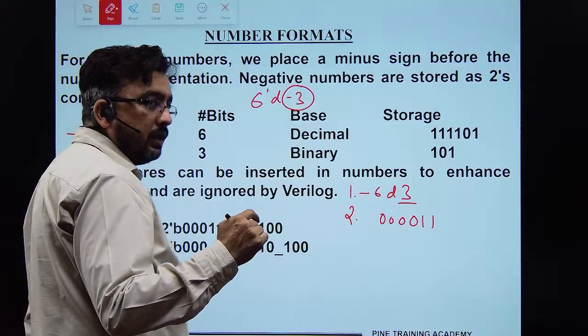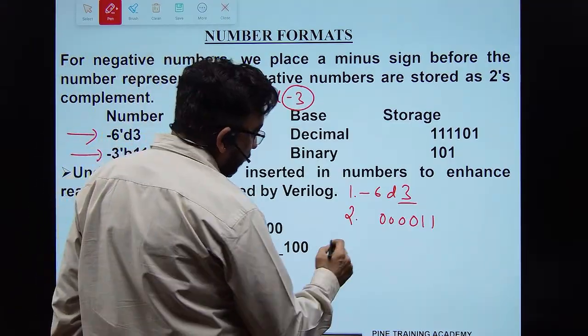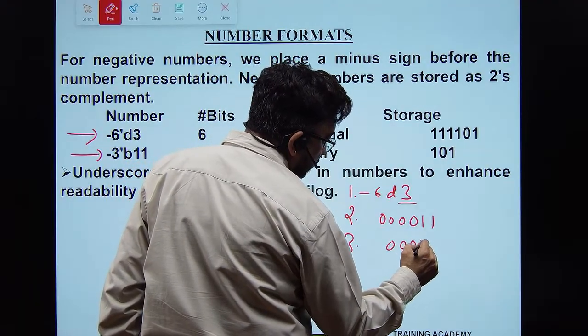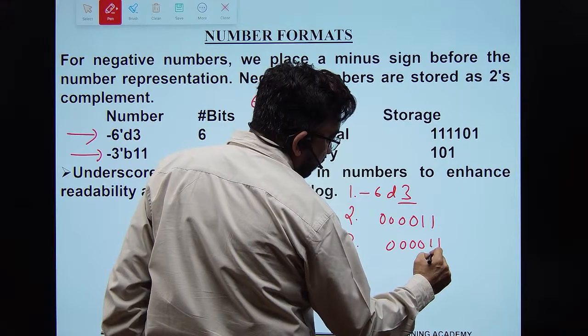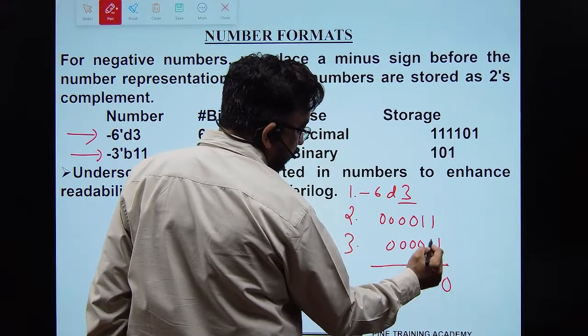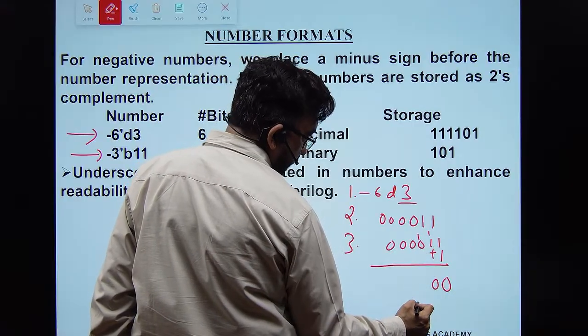Now you know that for the minus, we have to do the 2's complement. For this, we will add 1: 000011 plus 1. Now this 1 and 1 will become 0, this 1 will come here, this 1 and 1 become 0, now this 1 will come here.